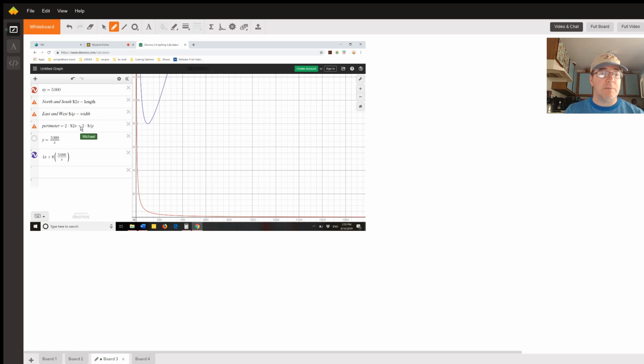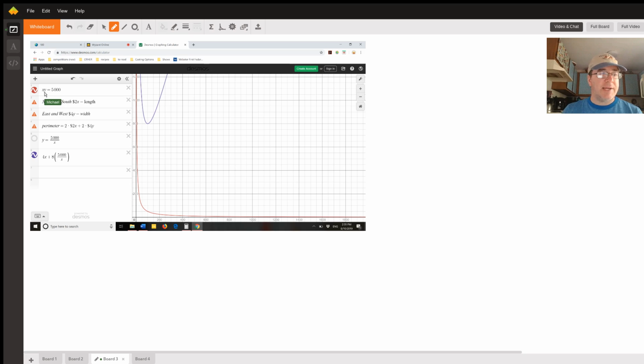So here I put some notes that my north-south is 2 times the length. My east-west sides, excuse me, are 4 times the foot for the width. So here is the formula for the perimeter: 2 sides at $2 per foot plus 2 sides at $4 per foot.